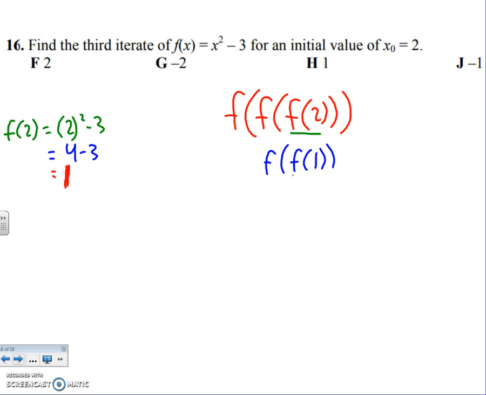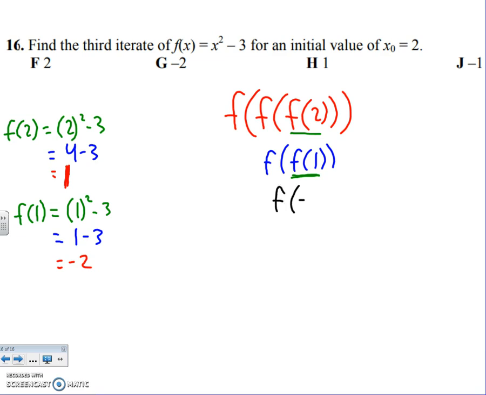Now I'm going to do this next problem, f of 1. So f of 1 means x is 1, so 1 squared minus 3, which is 1 minus 3, which simplifies to negative 2. That is the second iterate, so I'm going to replace that inside with negative 2.